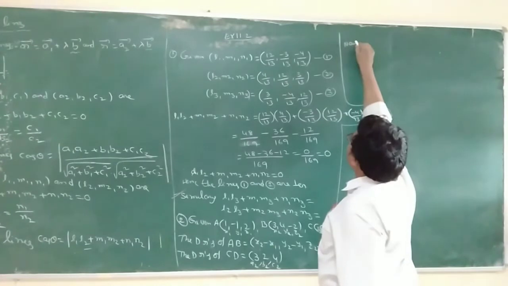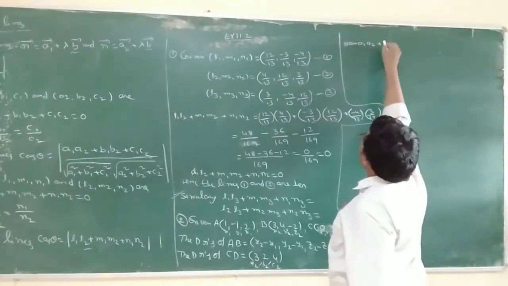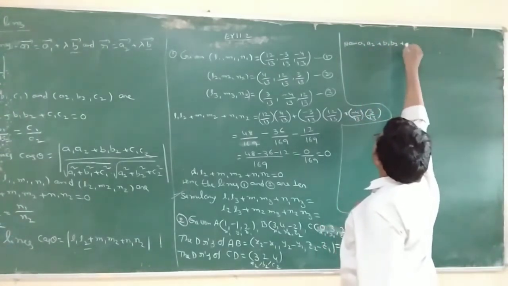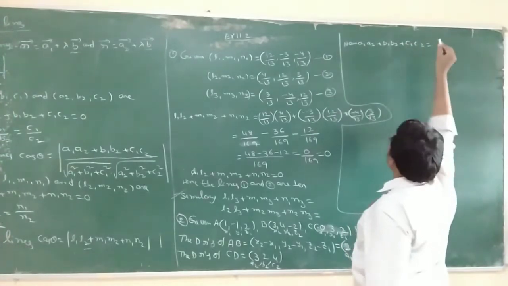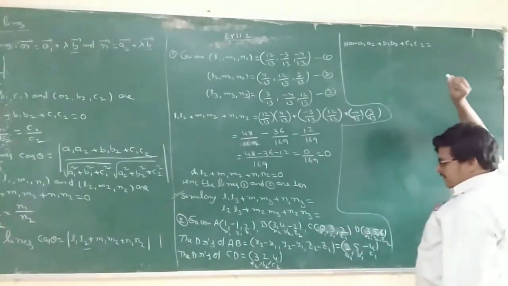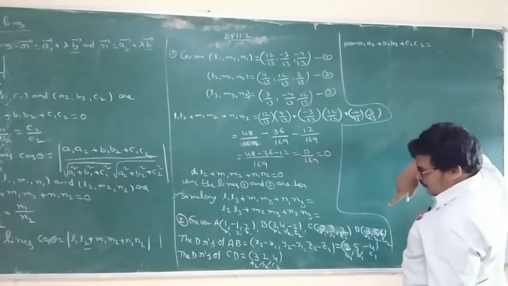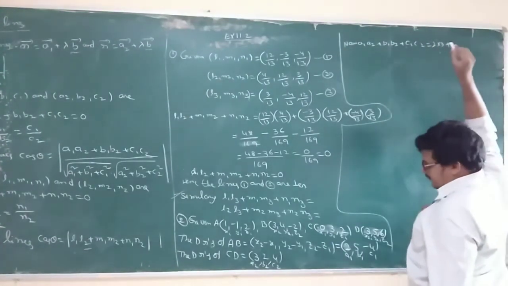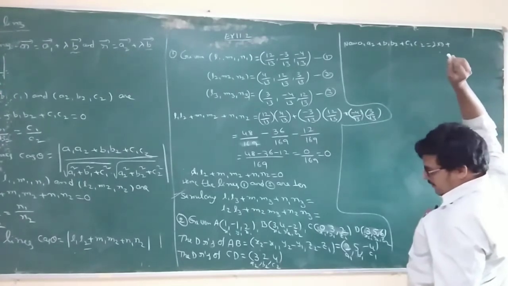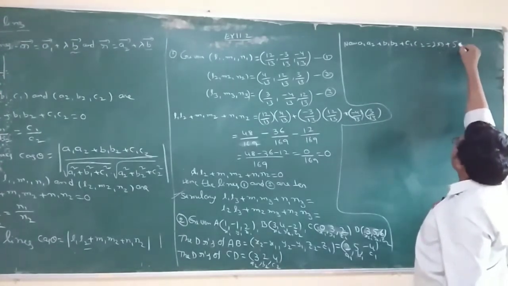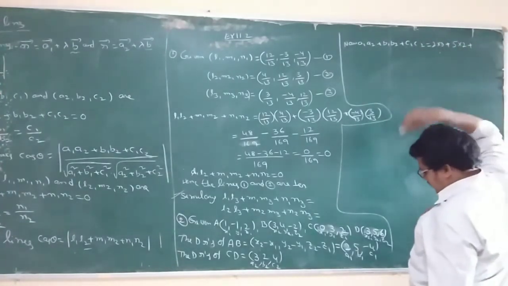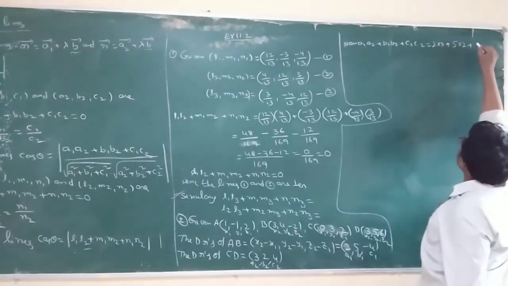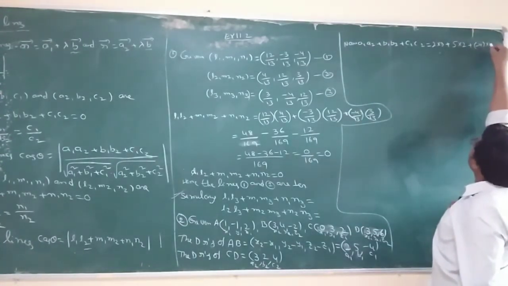Now A1 A2 plus B1 B2 plus C1 C2. Here A1 is equal to 2, A2 is 3, so 2 into 3, plus B1 B2, 5 into 2, plus minus 4 into 4.